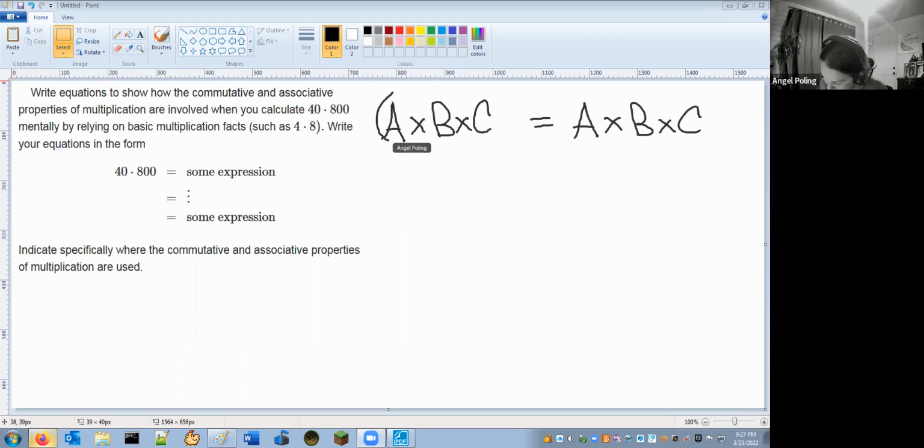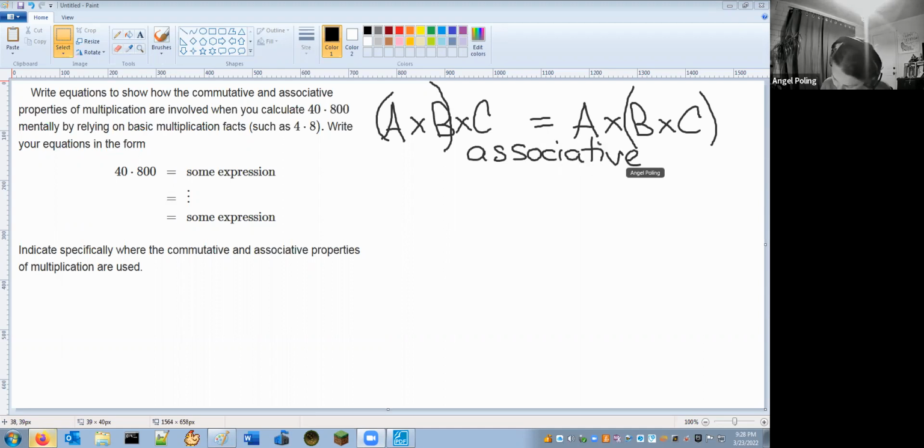So A times B grouped, then times C, or B times C grouped, then times A, right? So it looks like the grouping of A times B times C is the same as A times the grouping of B times C, right? This is our associative property.